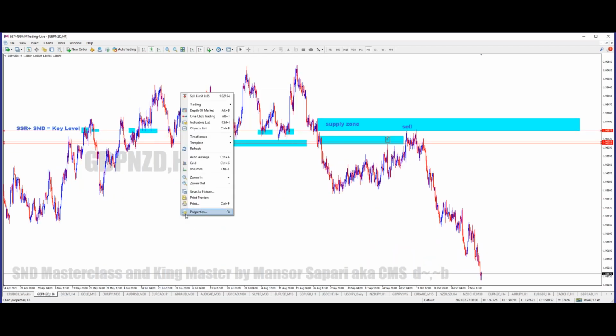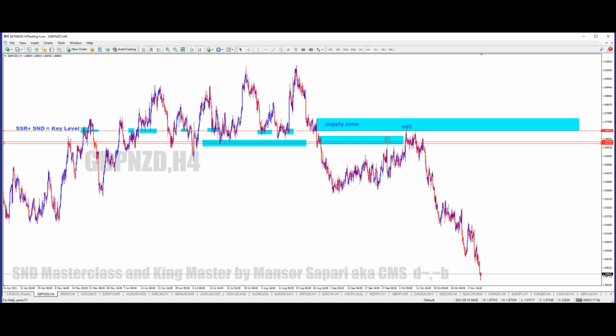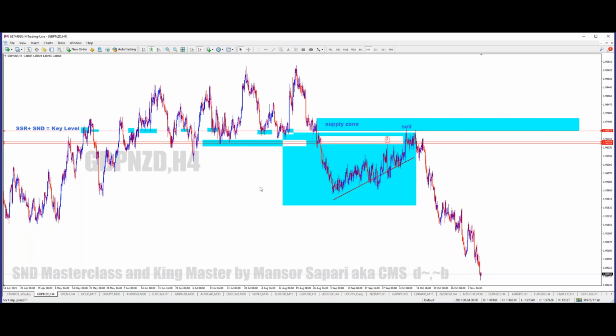It's quite dangerous. You need to find a fake out, at least a 3 drive, SR flip, or compression. Like this is a compression, which we will learn later. So you have a better chance of winning the trade compared to price going straight up like that. You need to understand this price action, which we will learn later in the advanced mode.